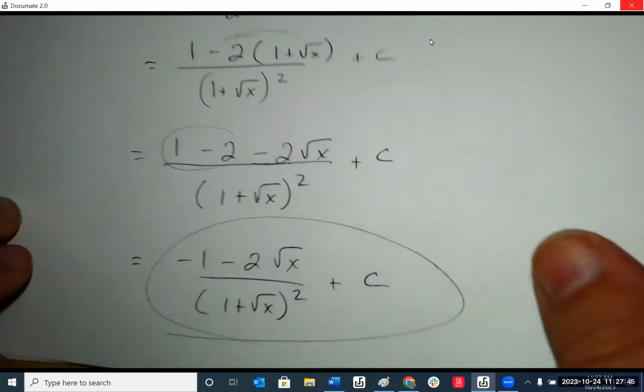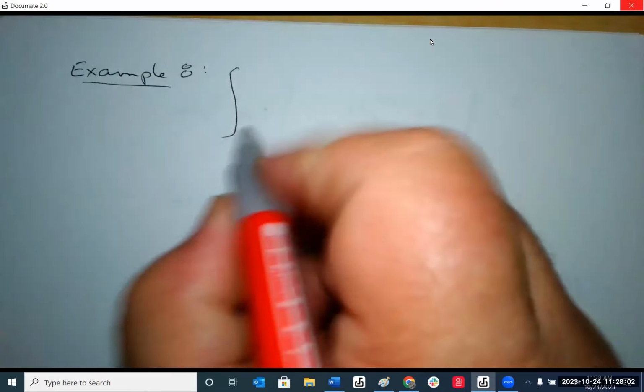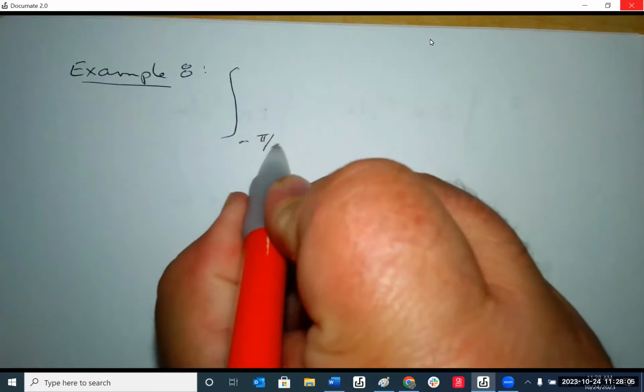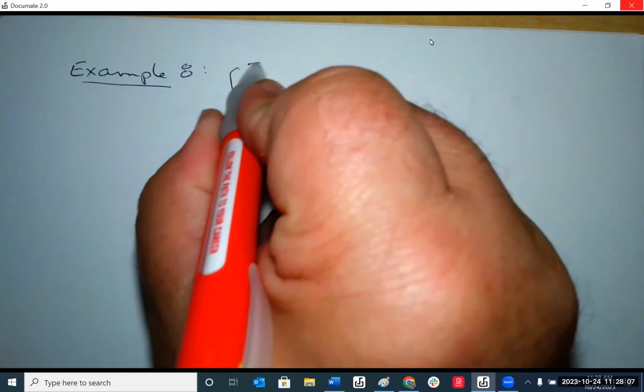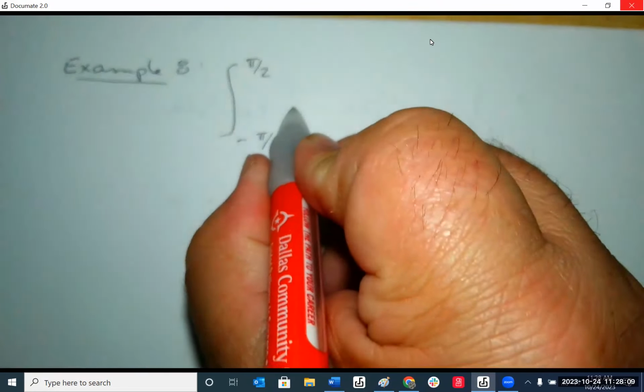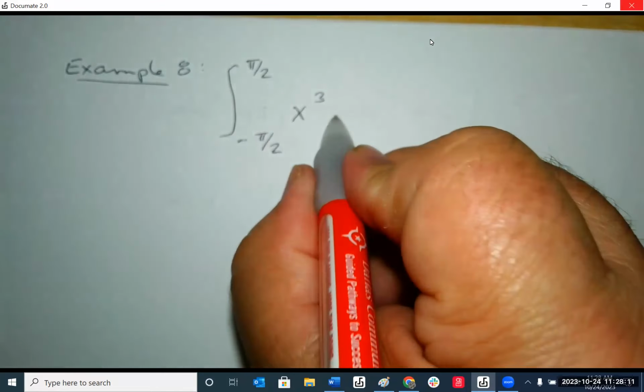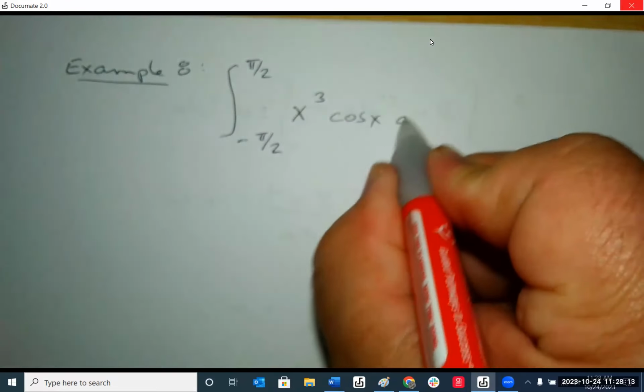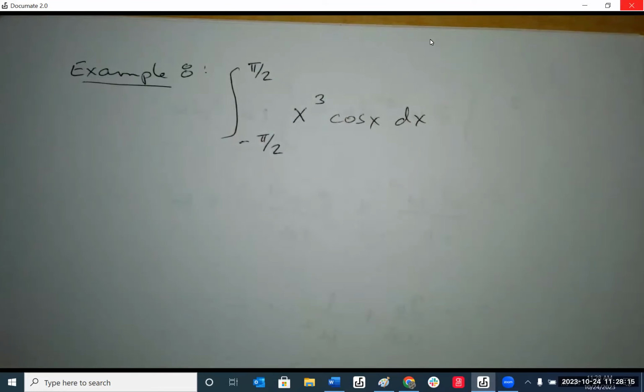All right. And example 8. Evaluate the integral from -pi/2 to pi/2 of x cubed cosine x dx.